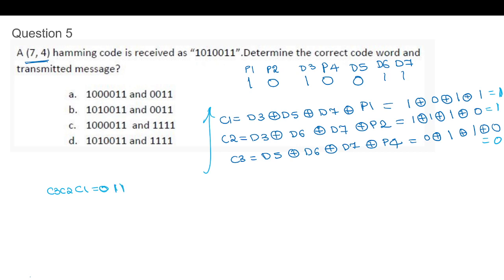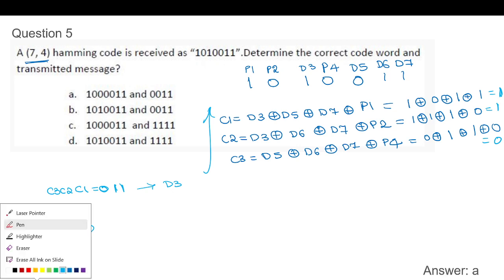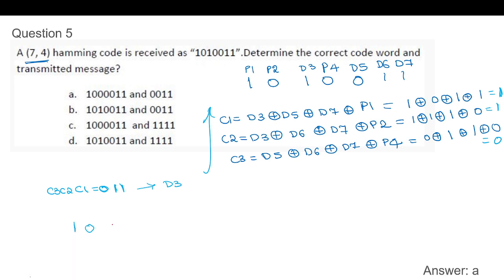So there is an error in this bit position. This indicates D3. So D3 is erroneous, then we have to flip that bit. This will be the corrected one, and the other bits will remain the same. So this will be the corrected code. It will be 1, 4 zeros, 1, 1, this or this.